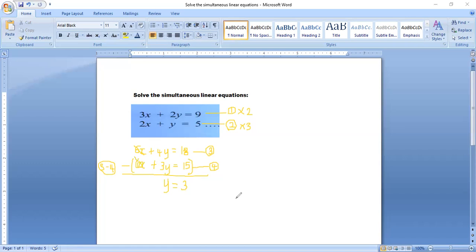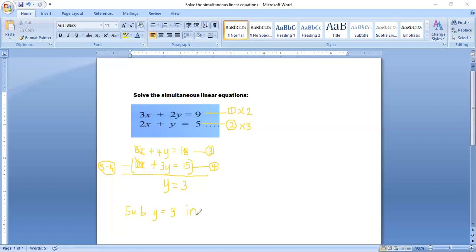Since we know that y is equal to 3, here's what we're going to do. We're going to substitute y equals 3 in one of the above equations. And guys, I always tell my students, substitute in the simplest one. And I would go for equation 2. Now, it doesn't matter which equation you put it in.